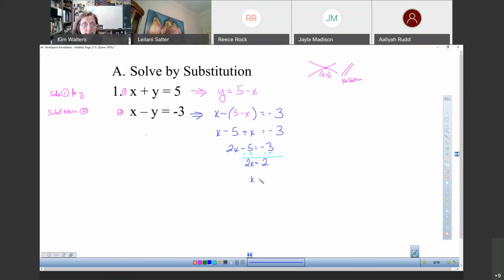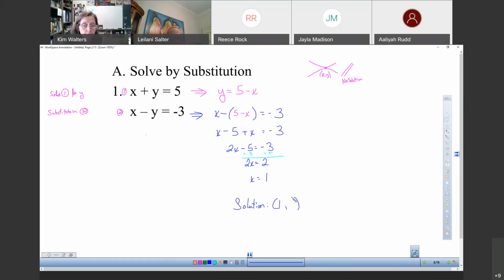I get x is equal to 1. That's the value for x. So my solution is going to be an ordered pair. It doesn't matter which one you find first, x is always going to go first. So if I'm getting ready to write my solution here, my solution is going to look like this ordered pair where I know what x is.